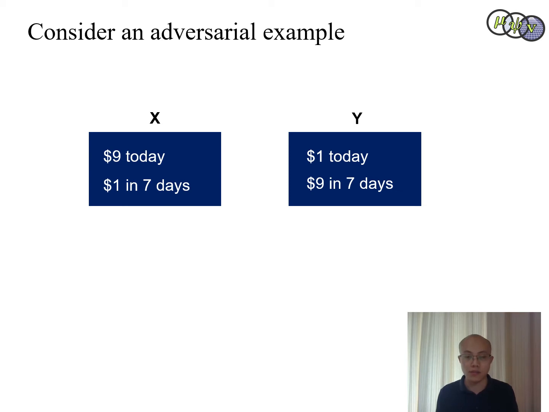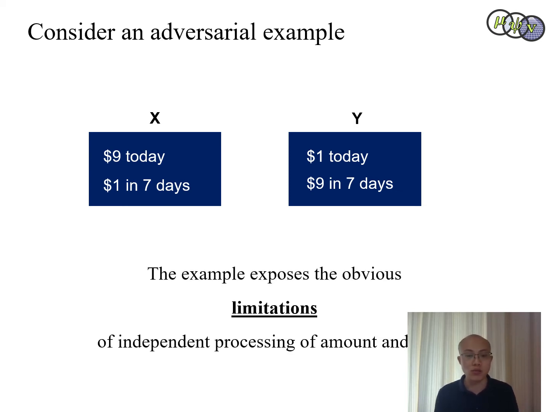And if we process delays and amounts independently, then it seems that the decision maker is likely to be unable to distinguish between the two options. This example explores the obvious limitations of independent processing of amount and time in intertemporal choice modeling.